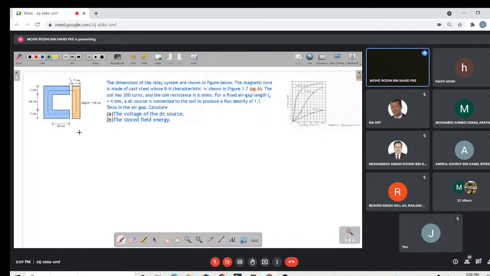So now you have to find HC LC and HG LG. How do we find them? H is the magnetic field intensity, which is based on the magnetic flux density, and it is given here in the BH characteristic of figure 1.7, which is this one. So this is figure 1.7.